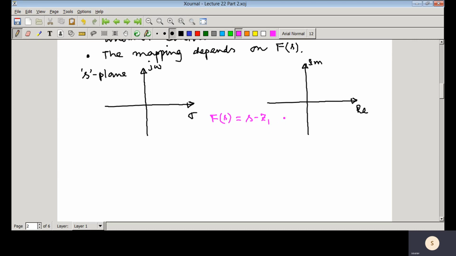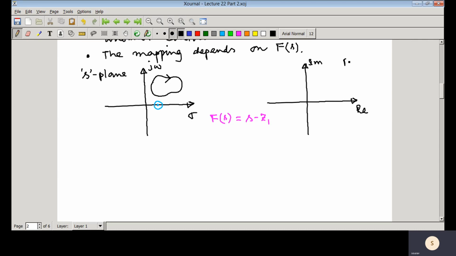So here we can see that there is a zero, and that zero is at z1. Suppose there is a contour here, and we take a particular direction, the clockwise direction. We can see that this contour does not encircle that zero.